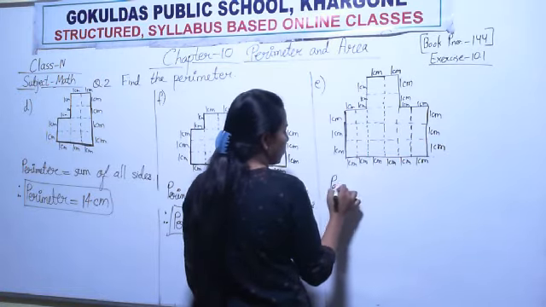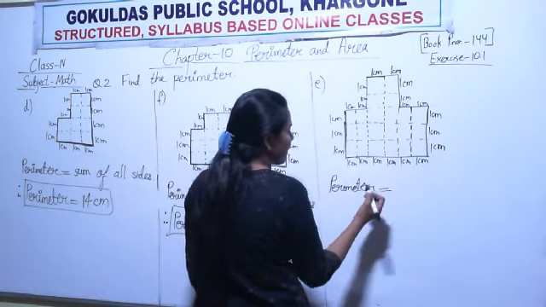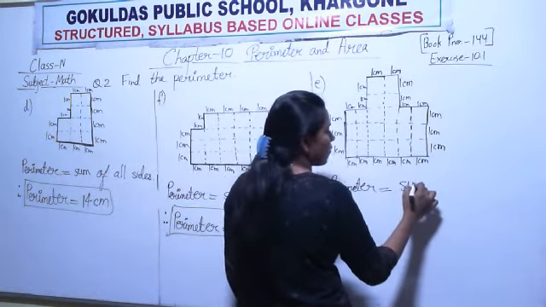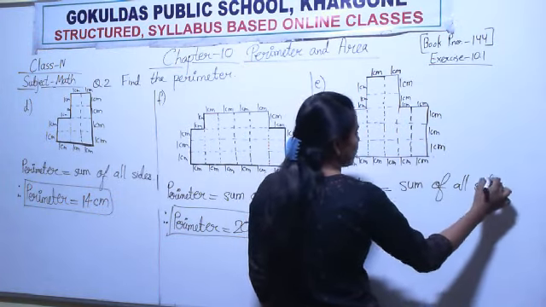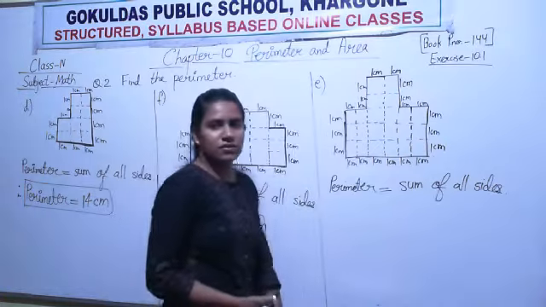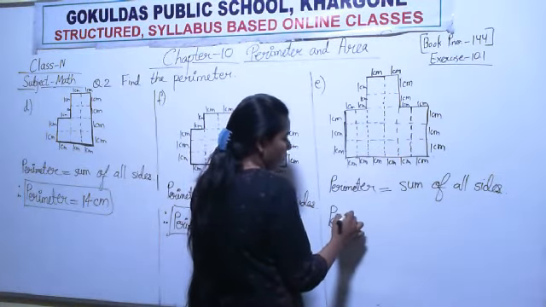Okay, so the formula of perimeter is, perimeter of a figure equals the sum of all sides, right? It is the formula. Now find the total of all sides.